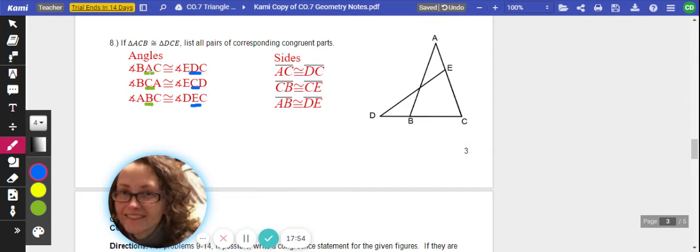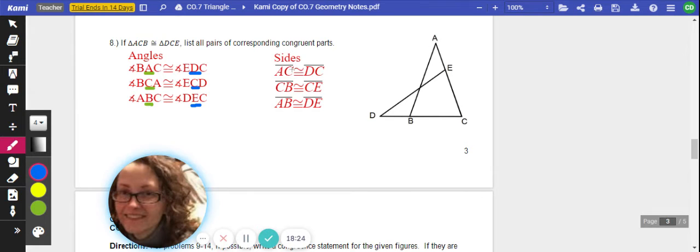So wherever your A was over here, you need to have a D in the middle over here. And then if you put your B and C in the other order, so let's say you started with angle CAB, then over here would be CDE. So you just need to make sure that your order over here matches the order over here.